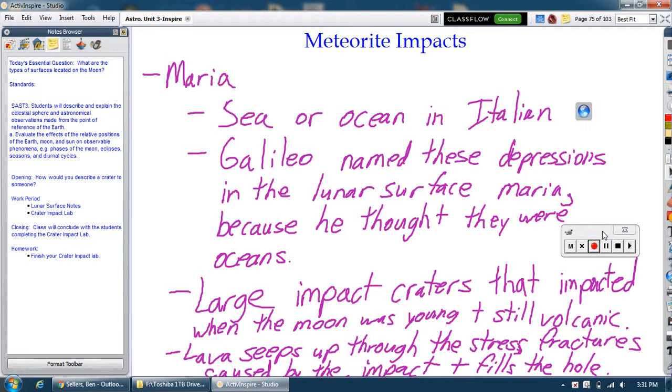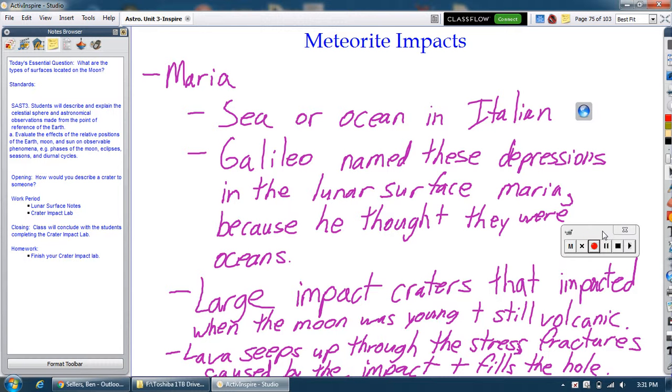The darker regions on the moon were named Maria by Galileo, and he named these depressions or darker regions of the moon after oceans or seas, as that's what he thought they really were. He thought it was some kind of ocean on the moon, right?